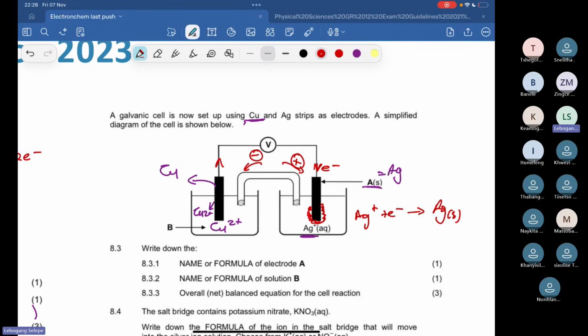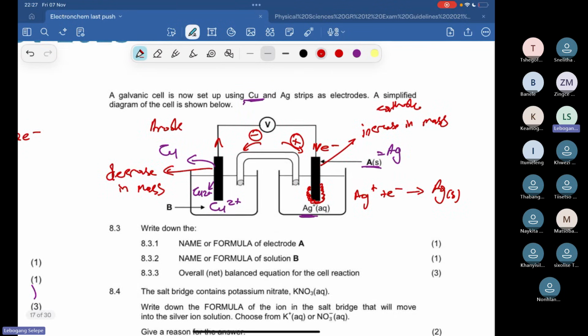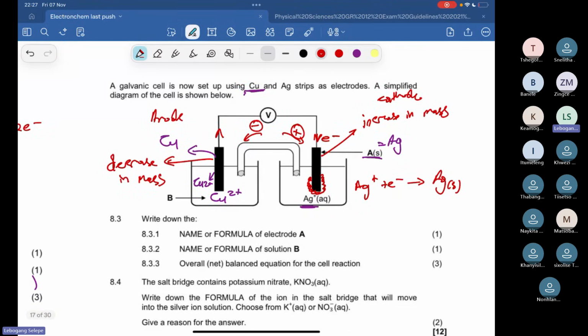So here we would observe an increase in mass, and here a decrease in mass. This one where we see it being coated is our cathode, and this is our anode. Can you see how I put in information before I even go to the questions? Now let's go to the questions.